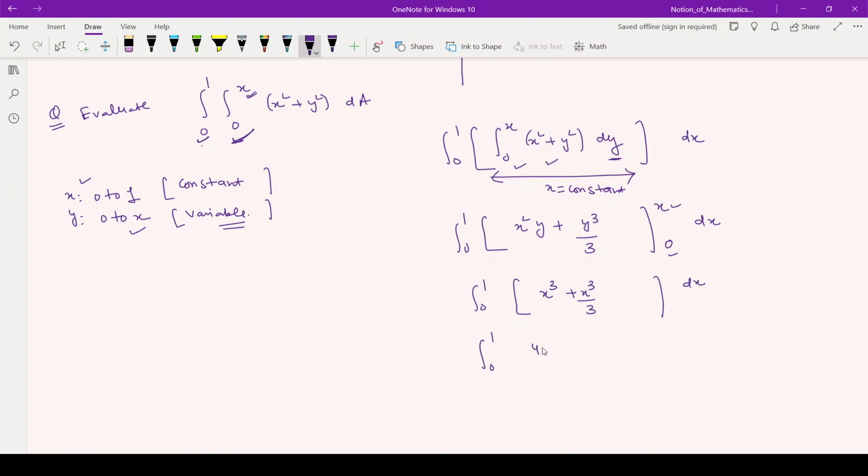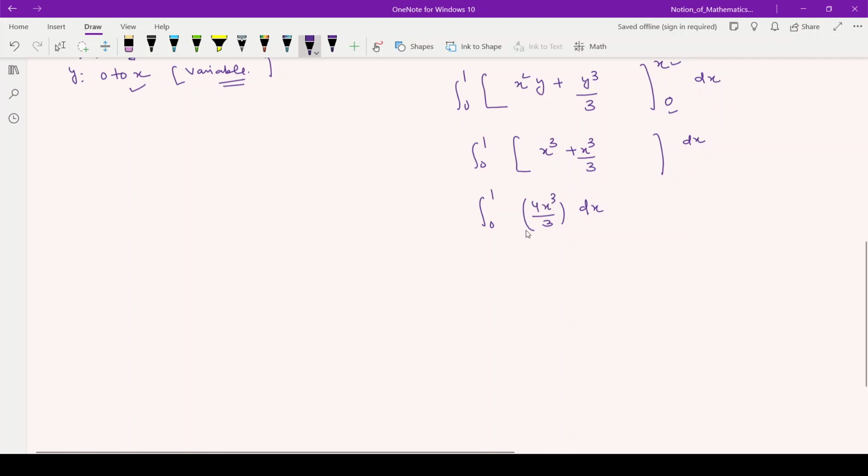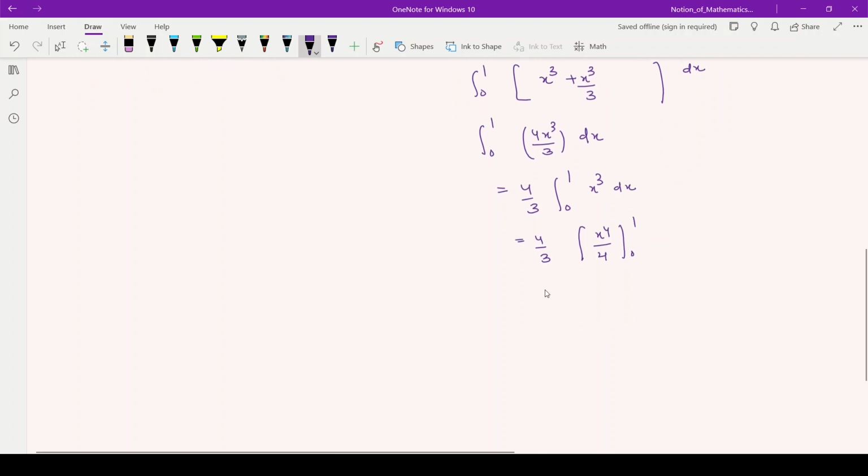Ultimately it is the integral from 0 to 1 of 4x cube by 3 dx, or I can write it as 4 by 3 times the integral from 0 to 1 of x cube dx, or 4 by 3 into x to the power 4 by 4 from 0 to 1, or ultimately 1 by 3 x to the power 4 from 0 to 1, or 1 by 3 into 1 minus 0, that is 1 by 3. Yes, that is the final answer. So this is the value of this double integration, which we have obtained equal to 1 by 3.